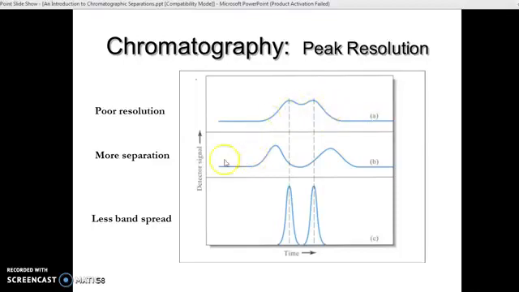Now if you are looking at more separation, and you have taken considerations and you are doing a lot of trials with the same type of consideration, what does consideration mean?